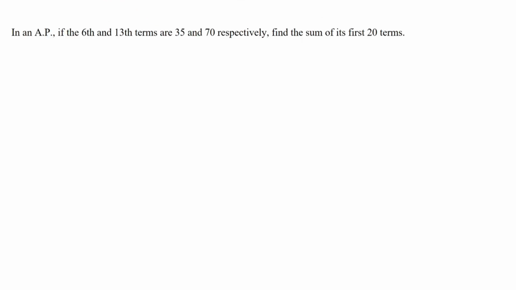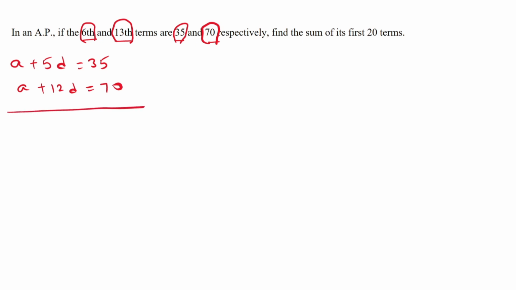In an AP, the sixth term and 13th term are 35 and 70. So first, the sixth term is 35, right? The sixth term formula is a plus 5d, which is given as 35. Next, the 13th term is 70. The 13th term formula is a plus 12d, which equals 70.